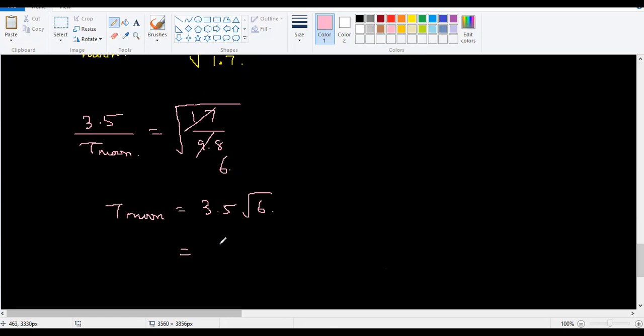Root of 6 will be 2 point something, so it will become 7 point, approximately more than 7. Because I know it's 2 point something, it's not 2.